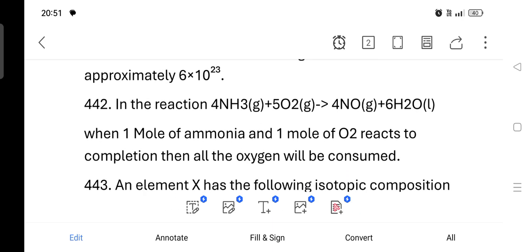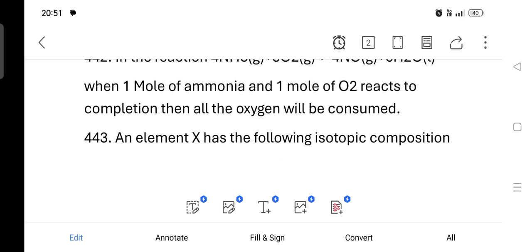In the reaction 4NH3 gas + 5O2 gas gives 4NO gas + 6H2O, when 1 mole of ammonia and 1 mole of O2 react to completion, then all the oxygen will be consumed.